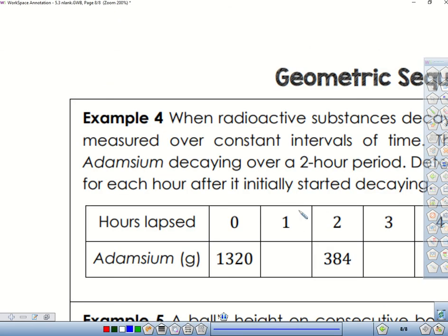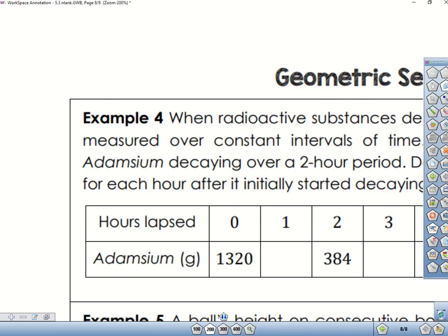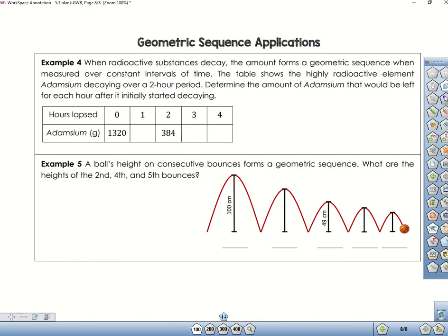Alright, moving on. We're going to look at these word problems. It says, when radioactive substances decay, the amount forms a geometric sequence when measured over constant intervals of time. The table shows the highly radioactive element, adamcium, decaying over a 2-hour period.